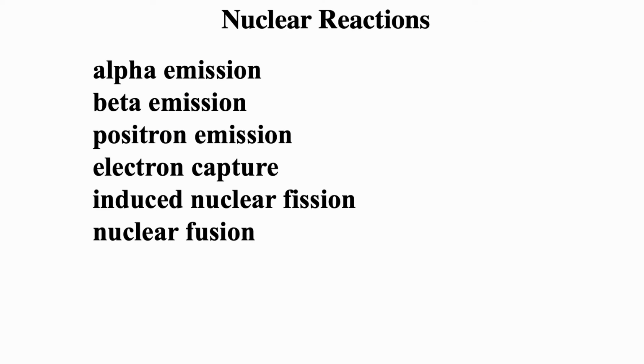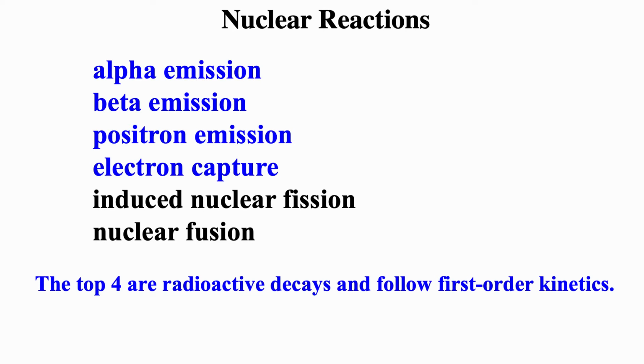Now, some nuclear reactions that we'll talk about are alpha emission, beta emission, positron emission, electron capture, induced nuclear fission, and nuclear fusion. The first four are radioactive decays, and all radioactive decays are first-order processes, so they follow first-order kinetics.